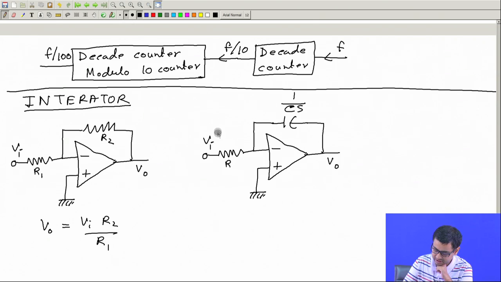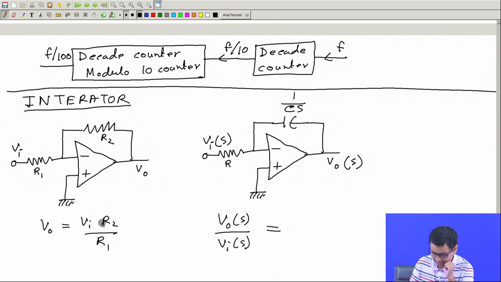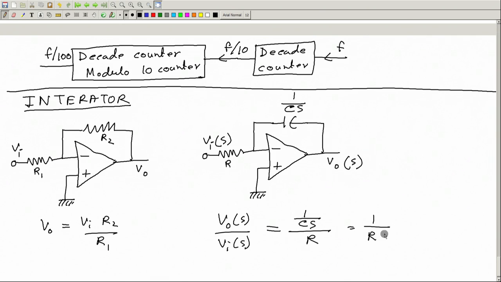And then this voltage in the Laplace domain we will write as Vi(s), output as Vo(s). And if you just blindly copy this formula like this, Vo(s) by Vi(s), and then in place of R2 we have 1 over Cs, and in place of R1 I just have R, so it is 1 over Cs divided by R. So, this is 1 over RCs. Okay.